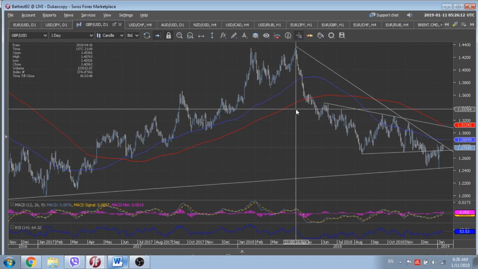In April 2018, the middle of April, as you remember, the price at that time was above 1.4375.